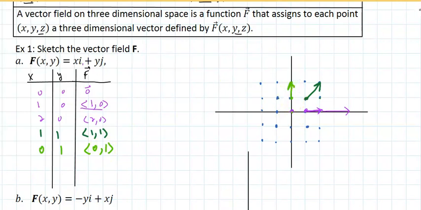If I go to (-1, 0) from this point, and to (-1, 1), right there, it seems this is going to be (-1, 1).